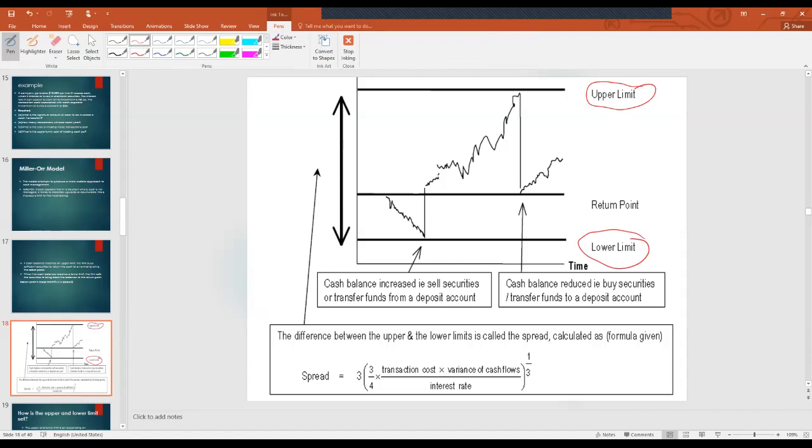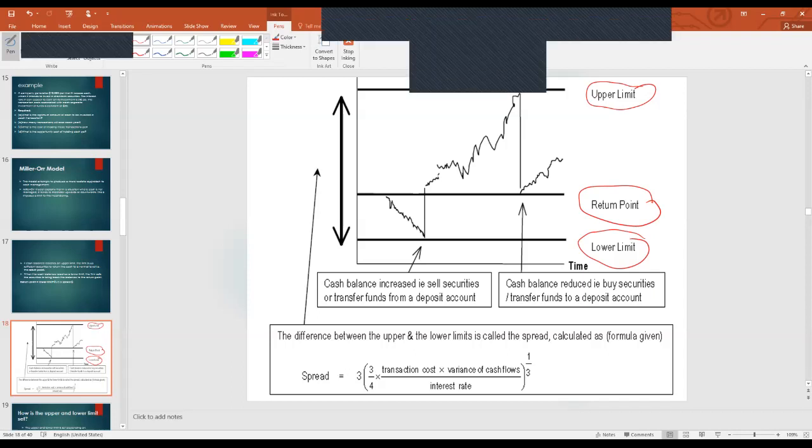The upper limit is the maximum cash balance we want to have, and the cash balance should not go below the lower limit. But generally the company's aim is to have the cash balance at the return point, which is referred to as the target cash balance.